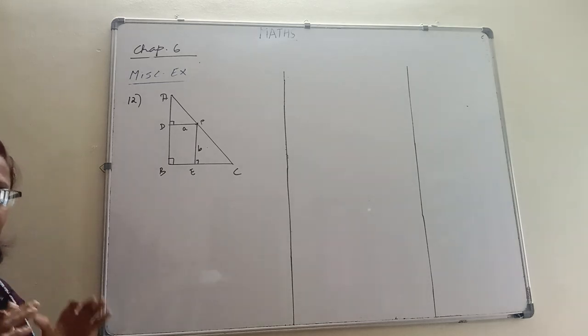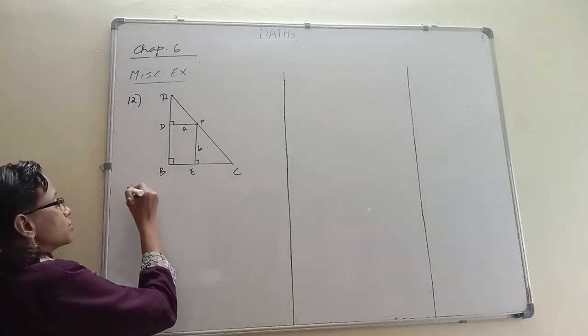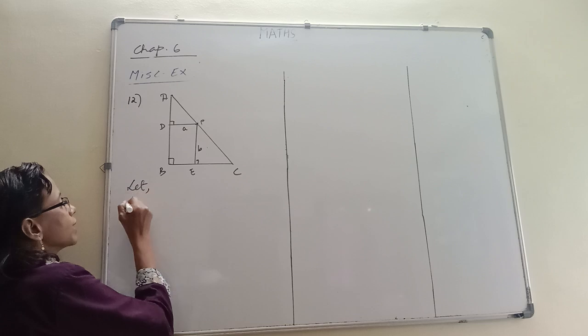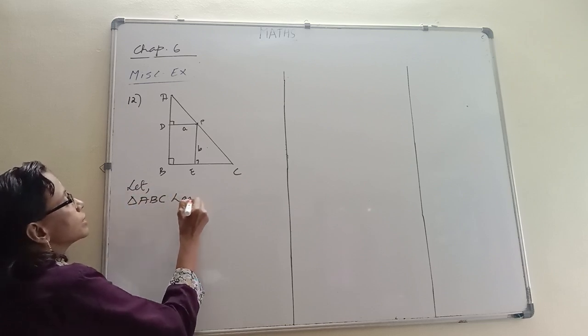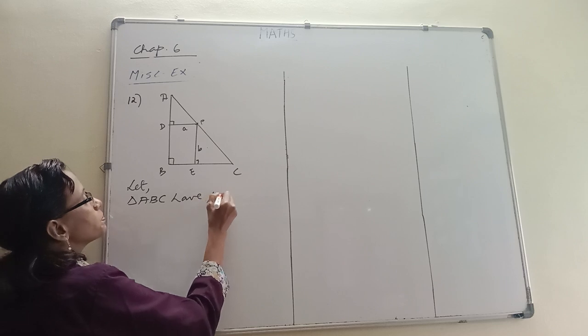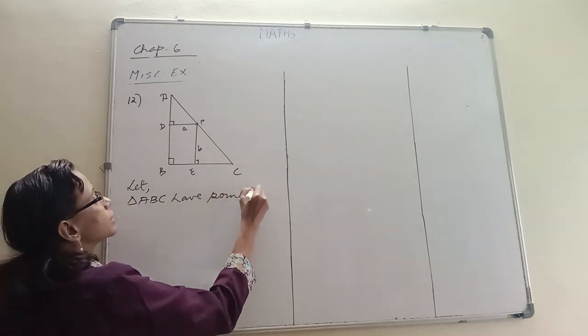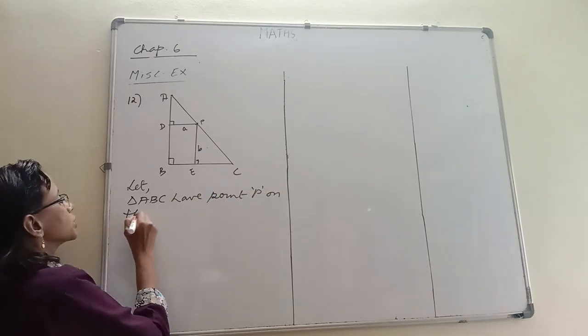So first, right away, let's observe all that. Let triangle ABC have a point P on the hypotenuse as shown in the figure.